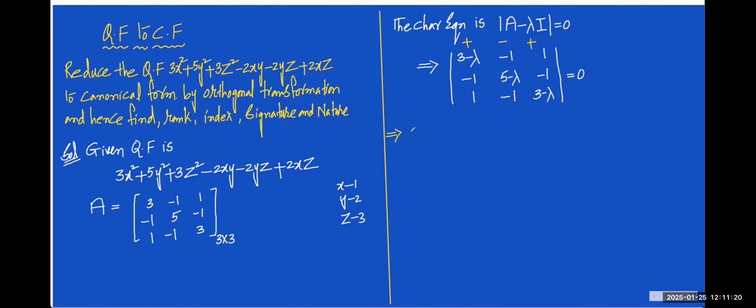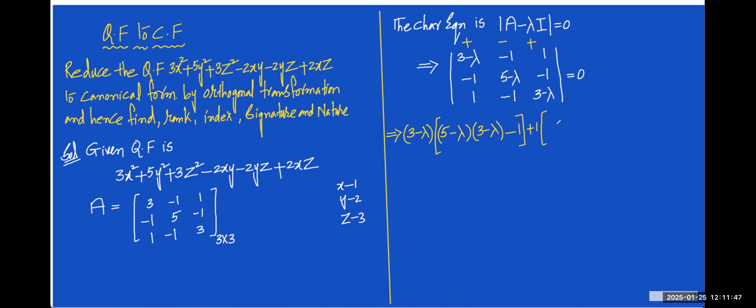This implies that 3 minus lambda, corresponding column and row neglected, we get 5 minus lambda into 3 minus lambda, AD. Minus into minus plus 1, 1 is 1. Close it. Second element, minus into minus plus 1.